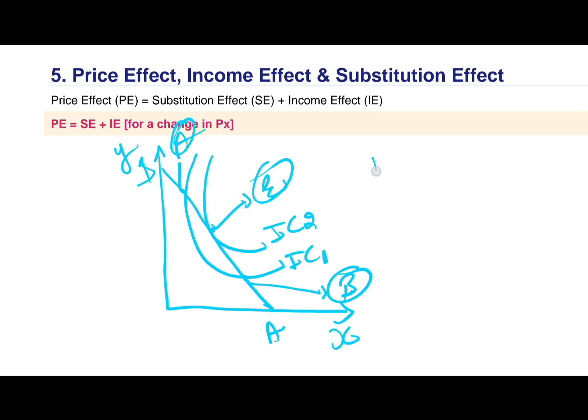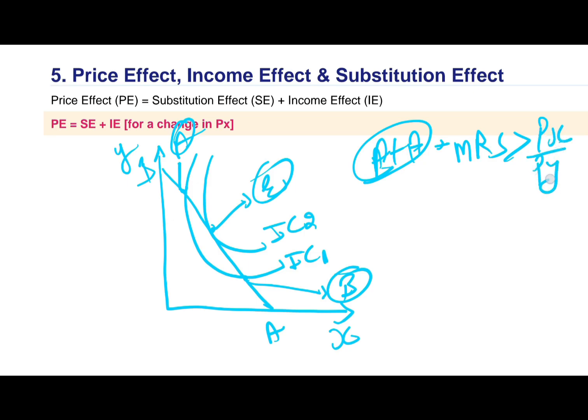So at point A, the marginal rate of substitution is greater than the ratio of prices of X and Y. Here is IC1, here is the marginal utility we get from the consumption of X and Y, and here is our budget line.